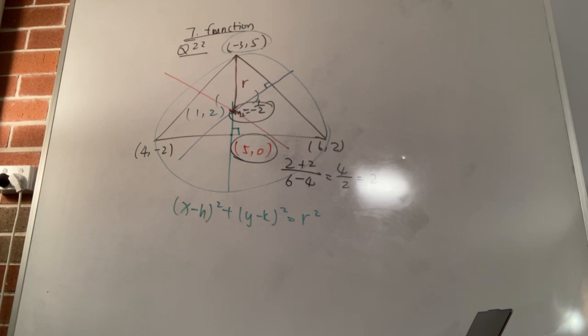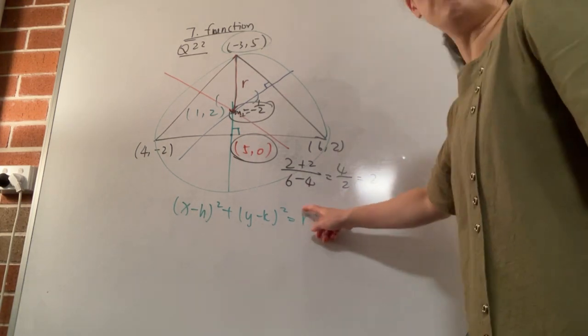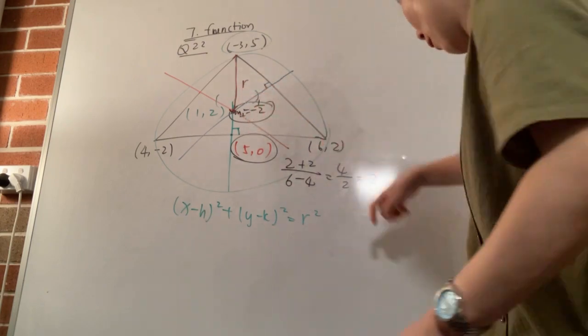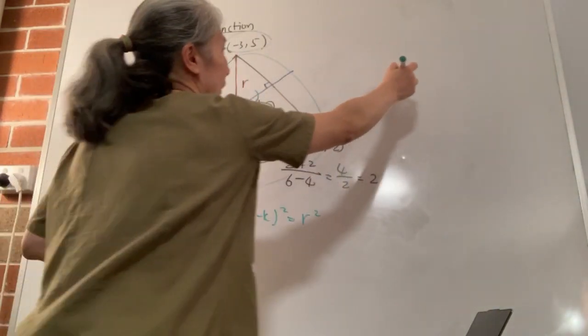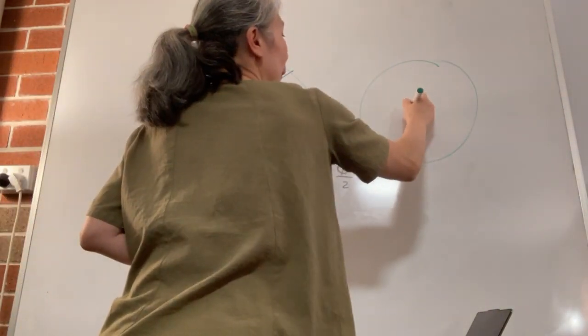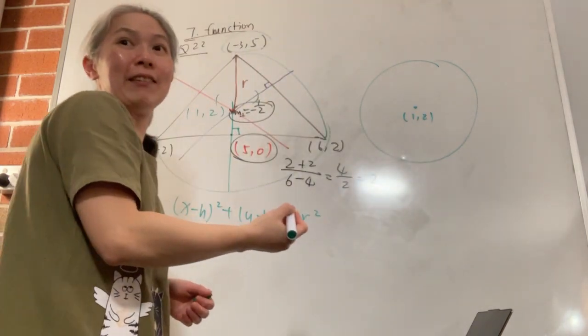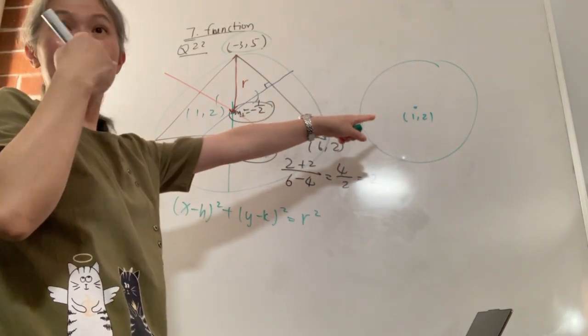You need to find the distance, not the coordinate. The distance, use the distance formula. I'm so confused. Radius is the distance from this point in here, which is 1, 2, right? That's a point.